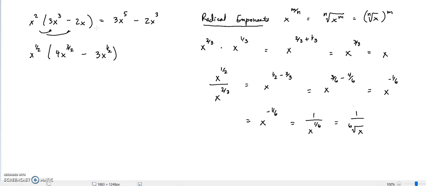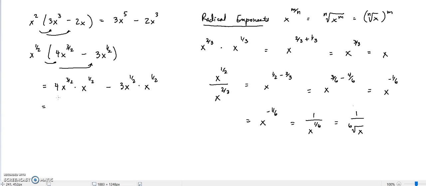Okay, so same idea, we want to distribute. And here we did it in our head. I'm going to go ahead and write this out. So when we multiply, we're going to do 4x to the 3/2 times x to the 1/2 minus 3x to the 1/2 times x to the 1/2.